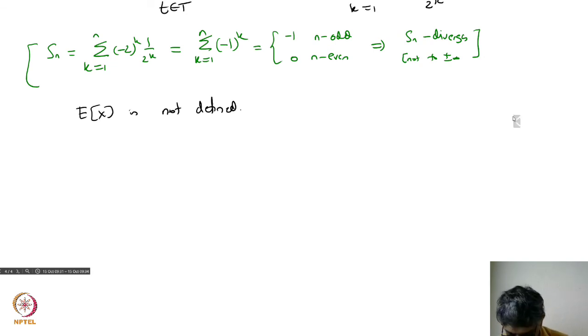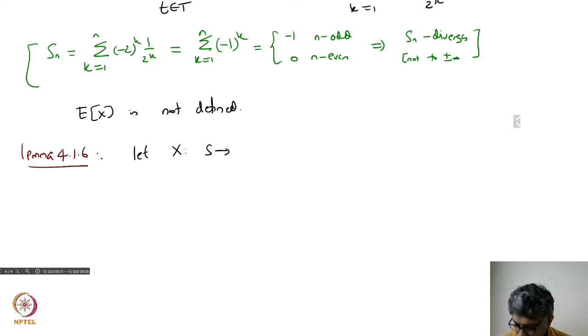Here's a lemma. The lemma is the following. When is E of x a real number? Let x be a discrete random variable.